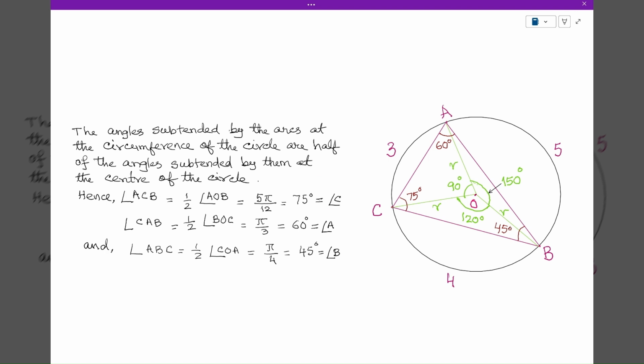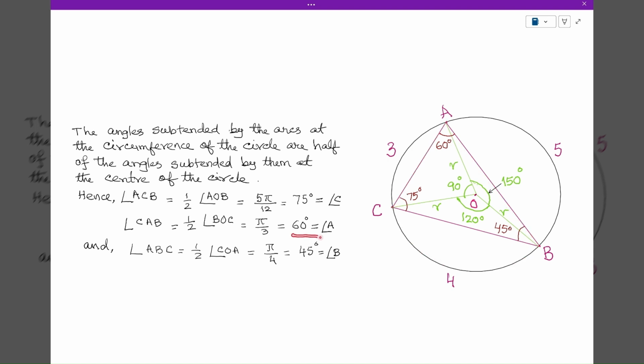Similarly, angle at A will be half of this angle, because this arc subtends this angle at the center, which is 120 degrees. Therefore, this arc will subtend half of 120 degrees, that is 60 degrees, at the circumference.